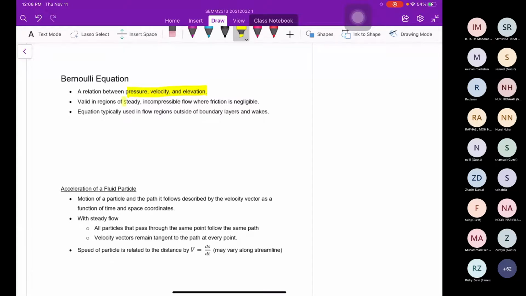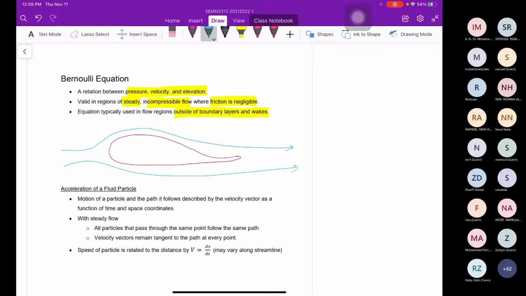It is valid in the region of steady, incompressible flow where friction is negligible, and normally it is outside the boundary layer and wakes. So where is the boundary layer? For example, we have the aerofoil, and then we have the flow, and then we have the boundary layer.